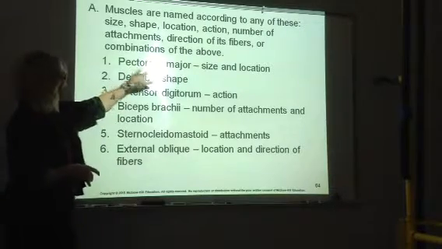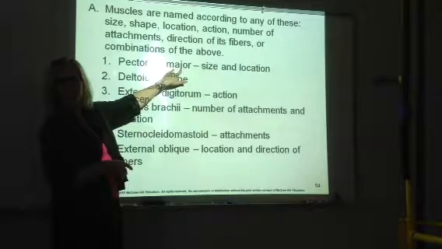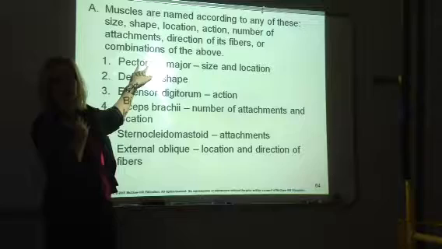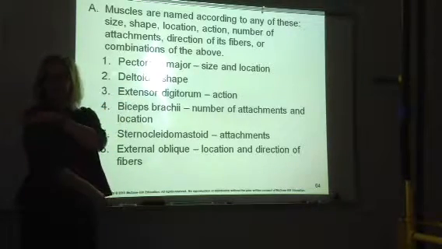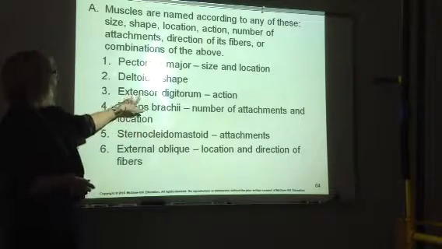So pectoralis major deals with size, major, and pectoralis deals with the area that it's found in. Deltoid deals with the shape. It has a deltoid, that's actually the shape of it.